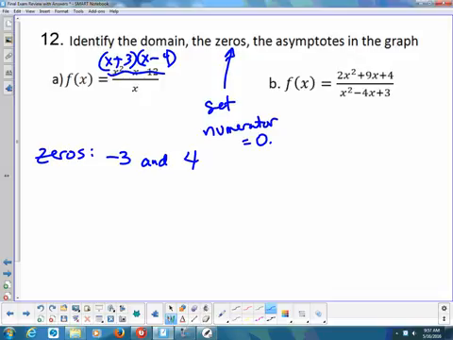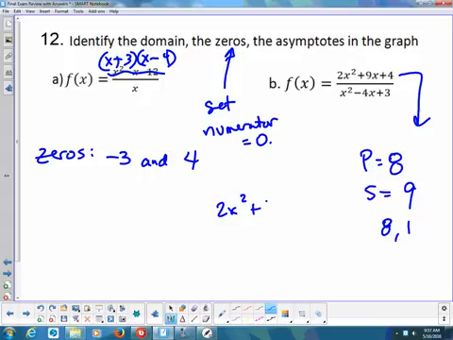For this one over here, we would need to do product sum on this. So product is 8, sum is 9. What two numbers will work? 8 and 1. So I'm going to take out the 9x and replace it with 8x and 1x. And factor by grouping here, I'm going to get what? What can I factor on the first? 2.